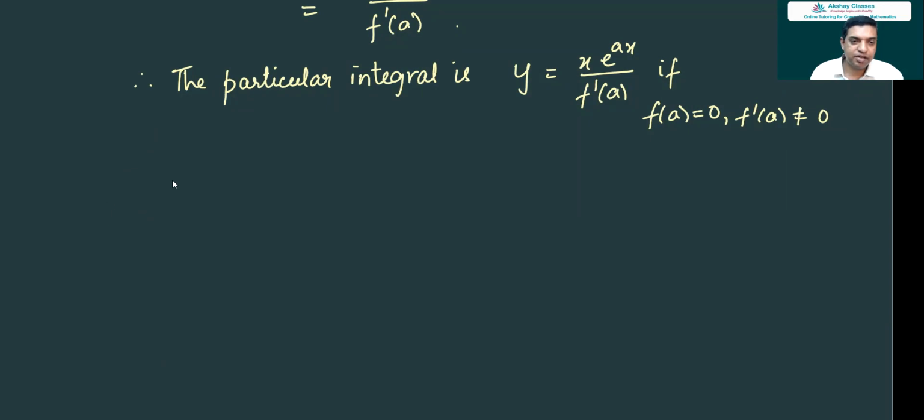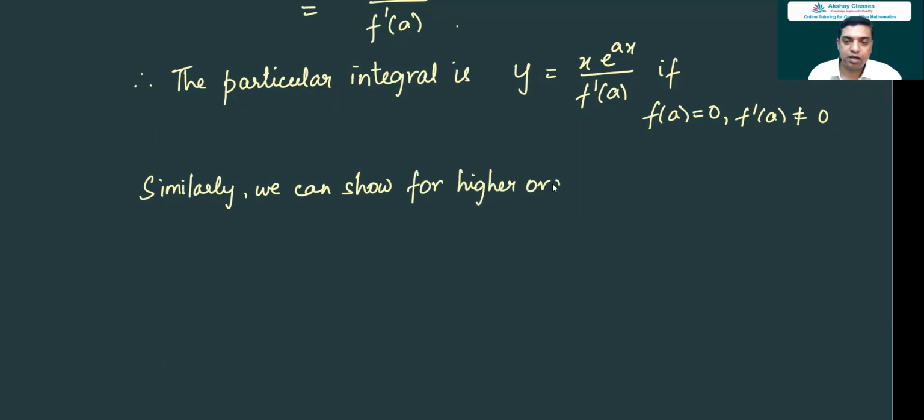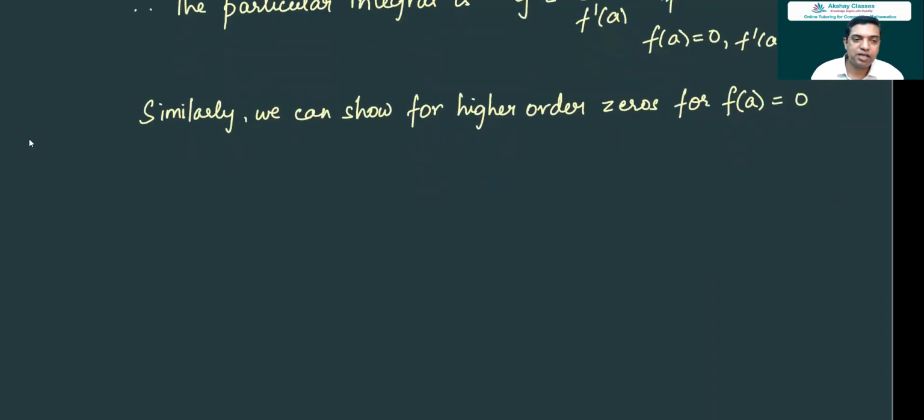So a summary result. Higher order zeros for polynomial. So summary is like this.